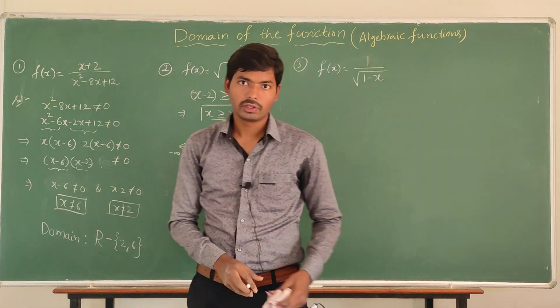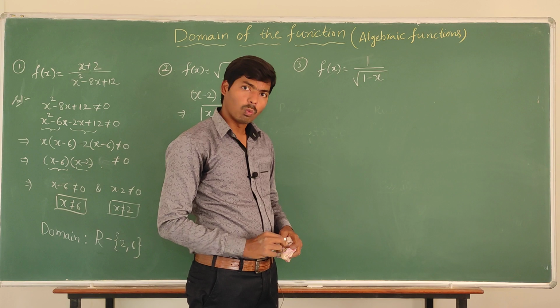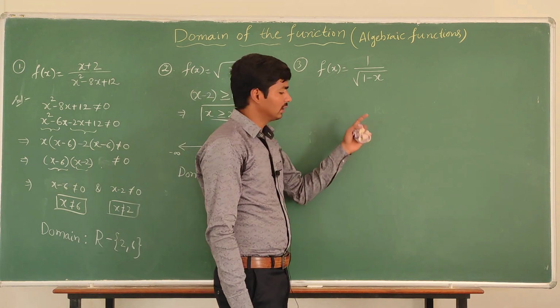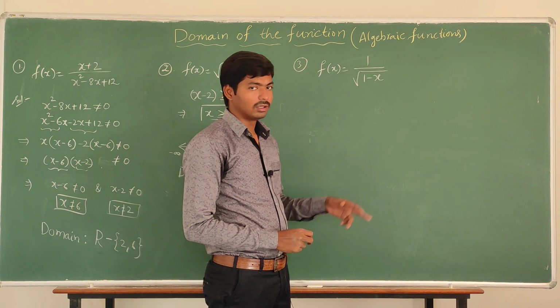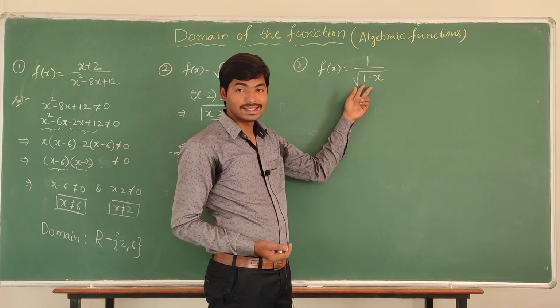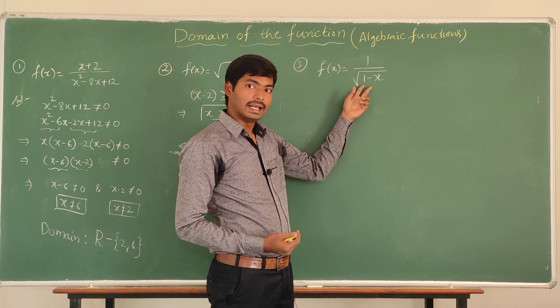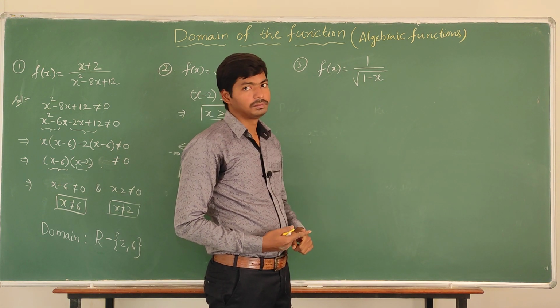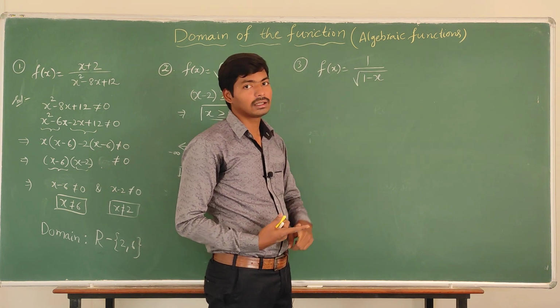f of x equal to 1 by square root of 1 minus x. Here the under root function is in the denominator. If the under root function is in the denominator, my function can be defined only if the expression under the root is greater than 0.